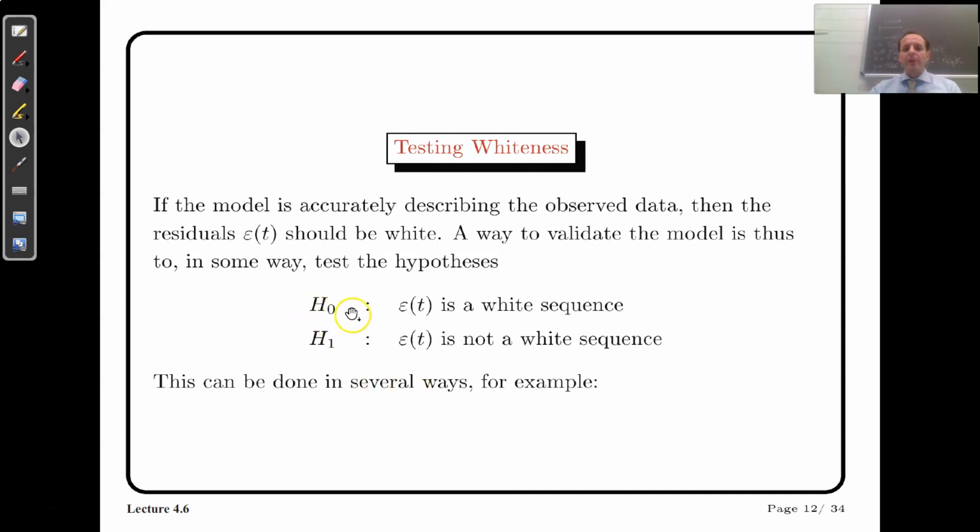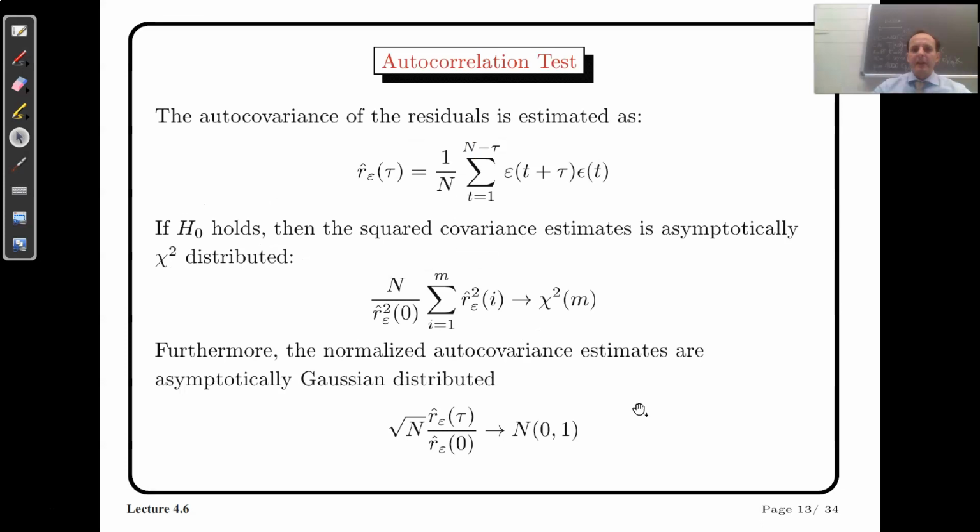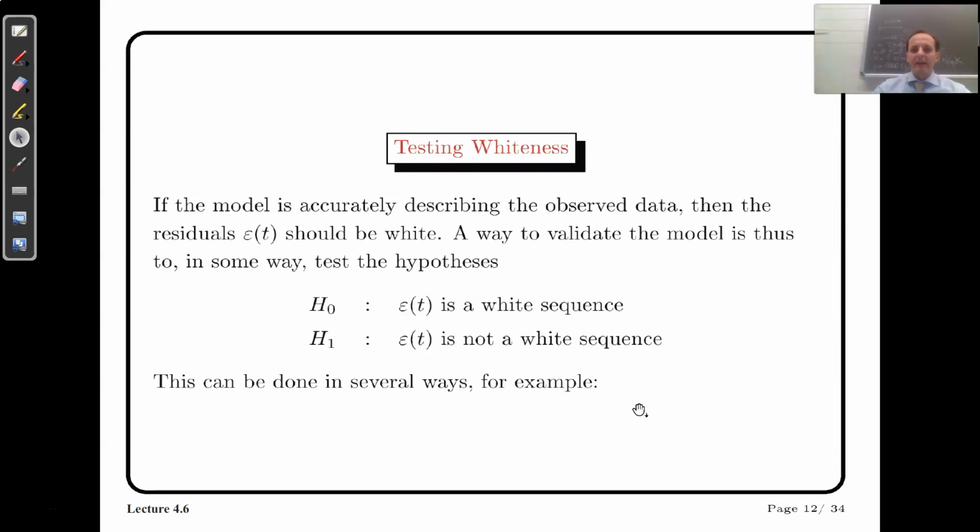So we have H0: epsilon is a white sequence, with the hypothesis H1: epsilon is not a white sequence. And this can be done in several ways.